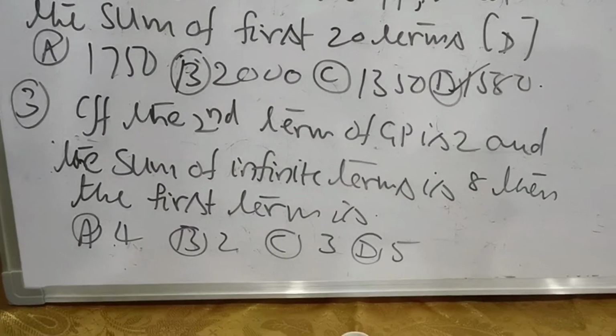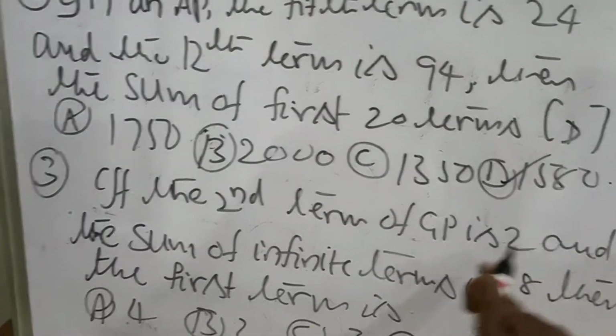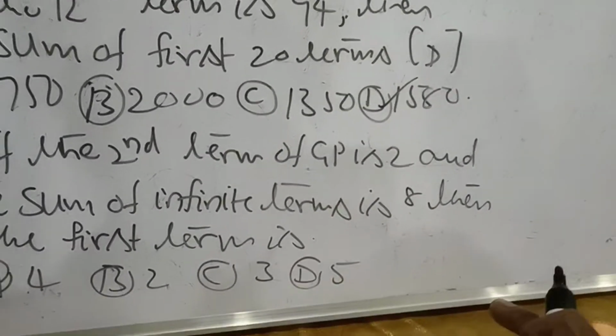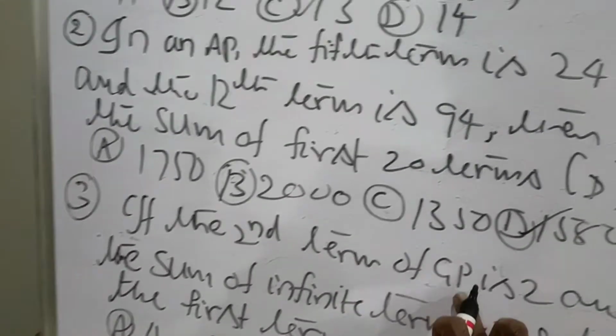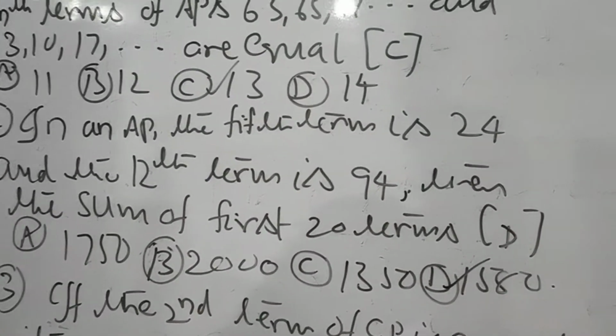The second term in a GP is 2 and the sum of infinite terms is 8. Then the first term is. In a GP, second term a2 is equal to ar, which is given to be equal to 2.